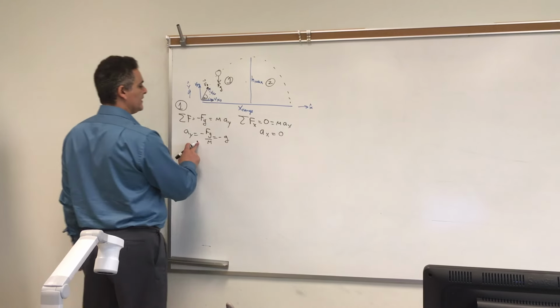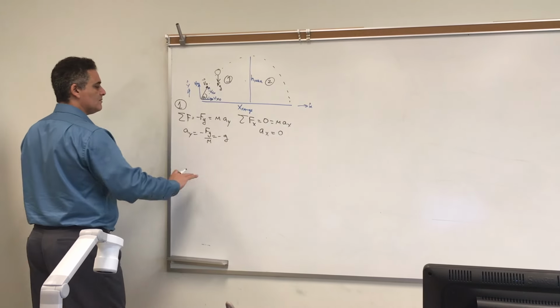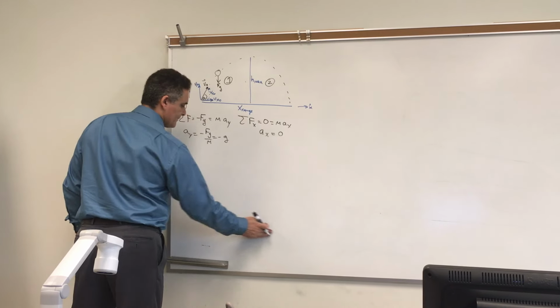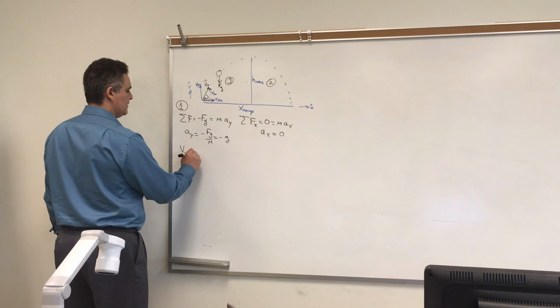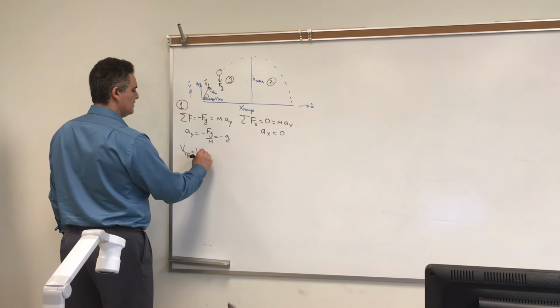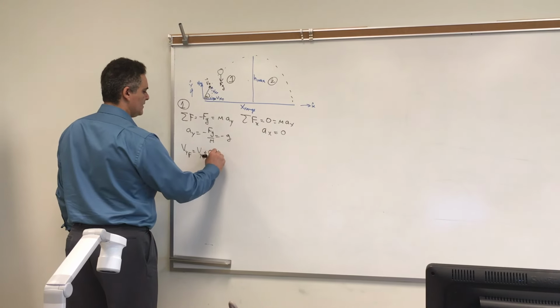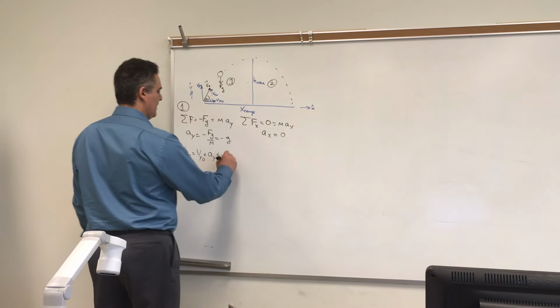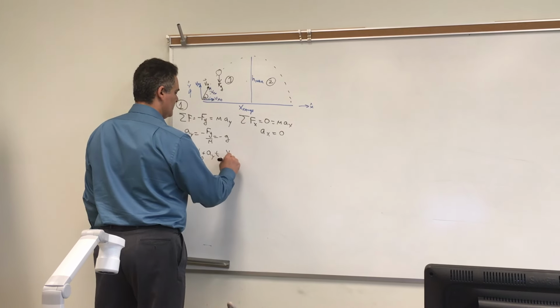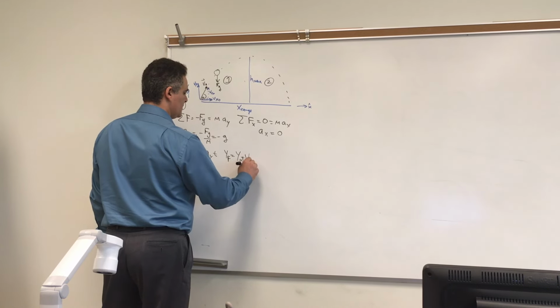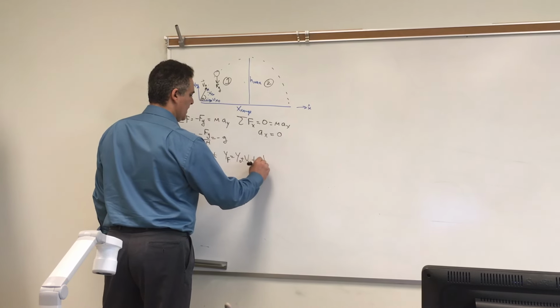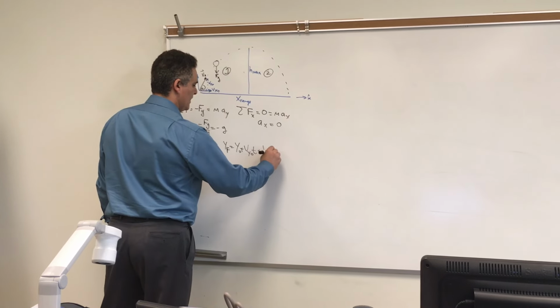Now that we find the acceleration in the y direction, we can do the equations of motion in the y direction. So we have Vy final equals Vy initial plus Ay times time. And we have y final equals y initial plus Vy initial times time plus 1/2 Ay t squared.